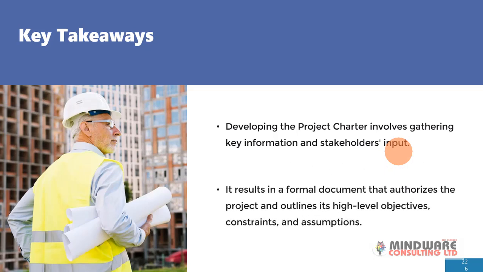It results in a formal document that authorizes the project and outlines its high-level objectives, constraints, and assumptions. So the project charter is a very, very important document that you have to work with as a project manager. It's important you know how to go about developing it and how to use it.